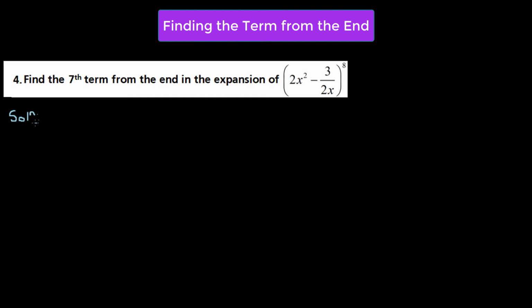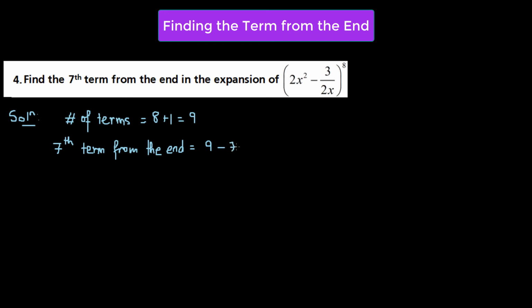The number of terms is equal to 8 plus 1, which is equal to 9. Now the seventh term from the end is equal to, we take the number of terms, subtract 7 from it, and then add 1 to it. So 9 minus 7 is 2, 2 plus 1 is 3. So this will be equal to the third term from the beginning.